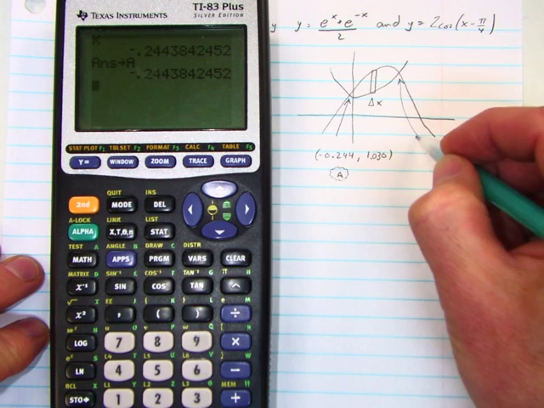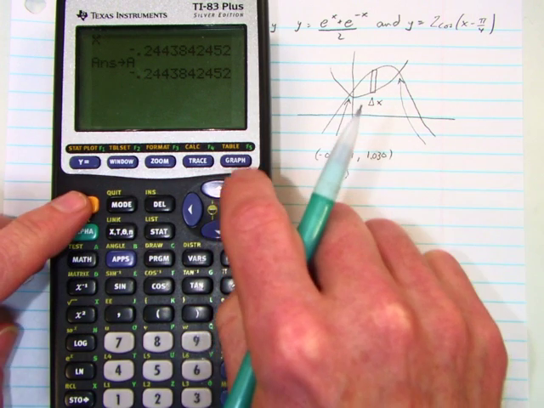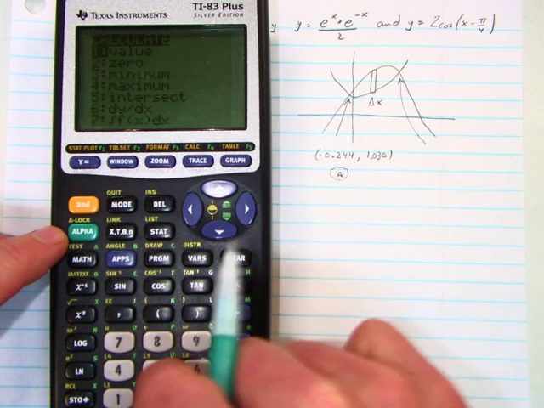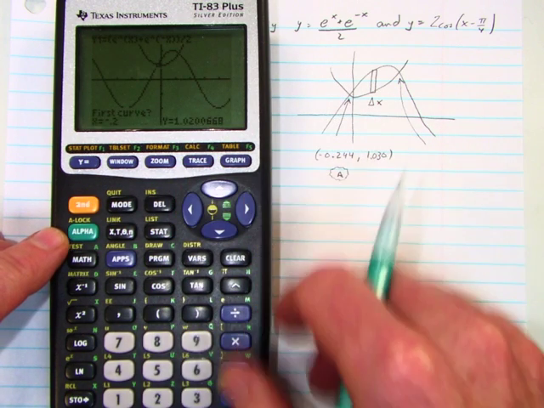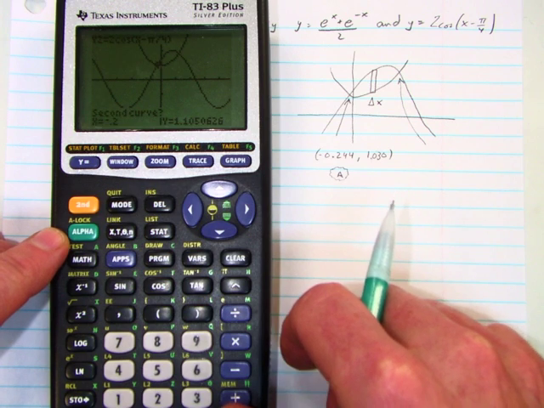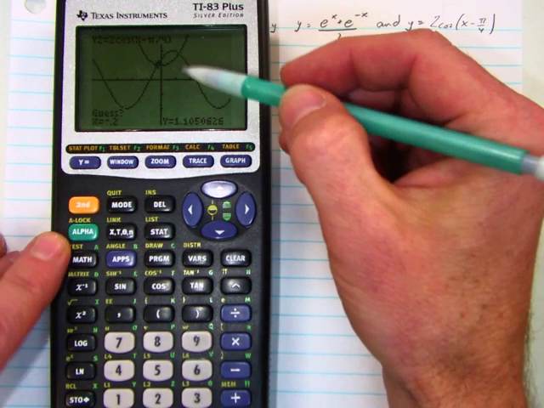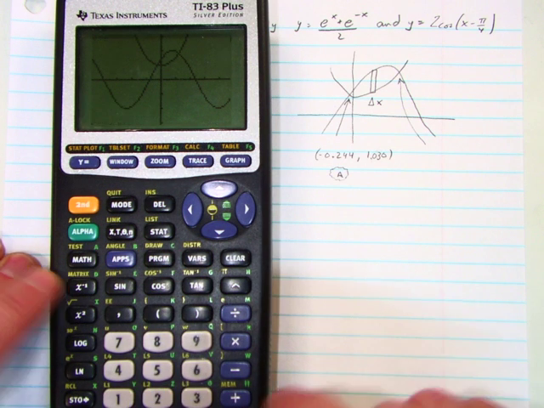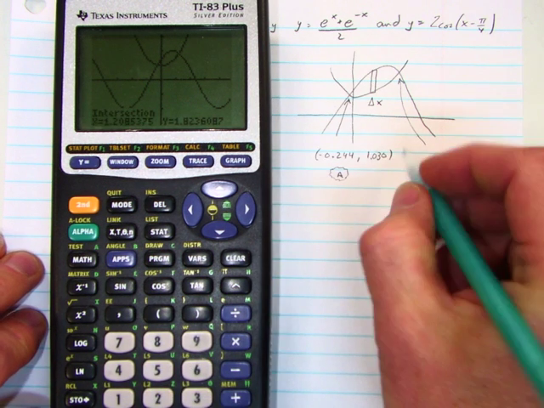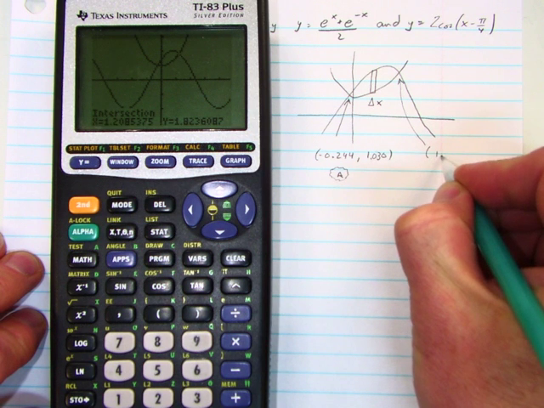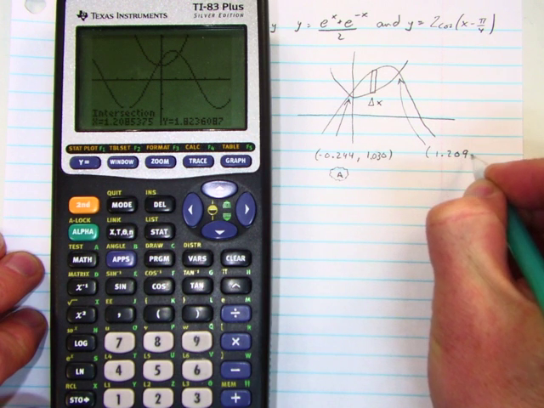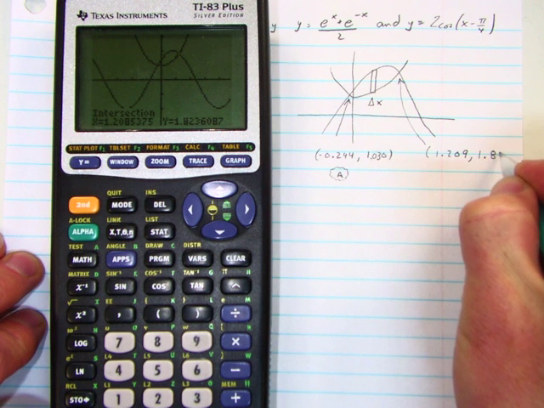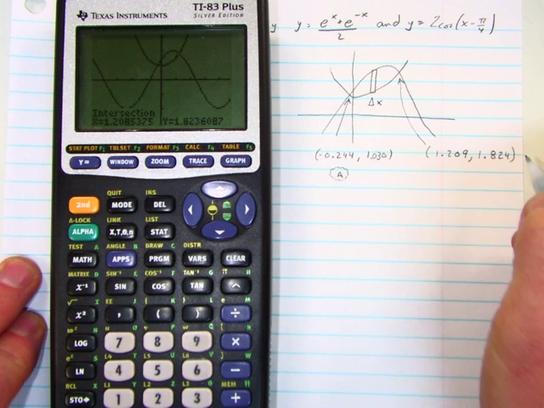Now we're going to go ahead and find this one. So we come back to our graph, and we'll do second calc 5 again. First curve, enter. Second curve, enter. This time it's over here somewhere about 1.2. And that number is 1.209, rounded to 3 decimal places, comma 1.824.